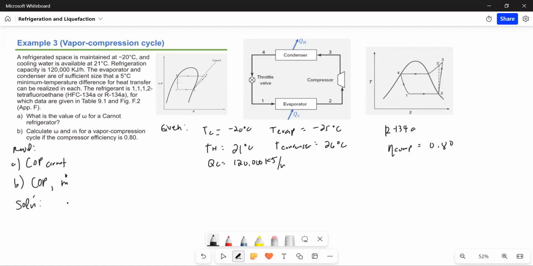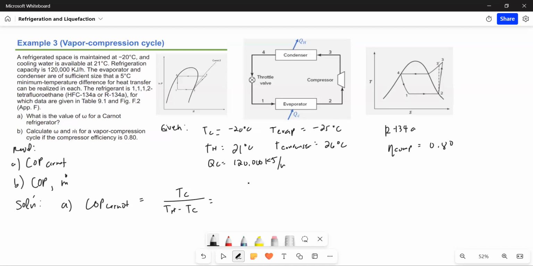The first question is the COP of a Carnot refrigeration cycle. So the formula is TC over TH minus TC. So TC is this one.